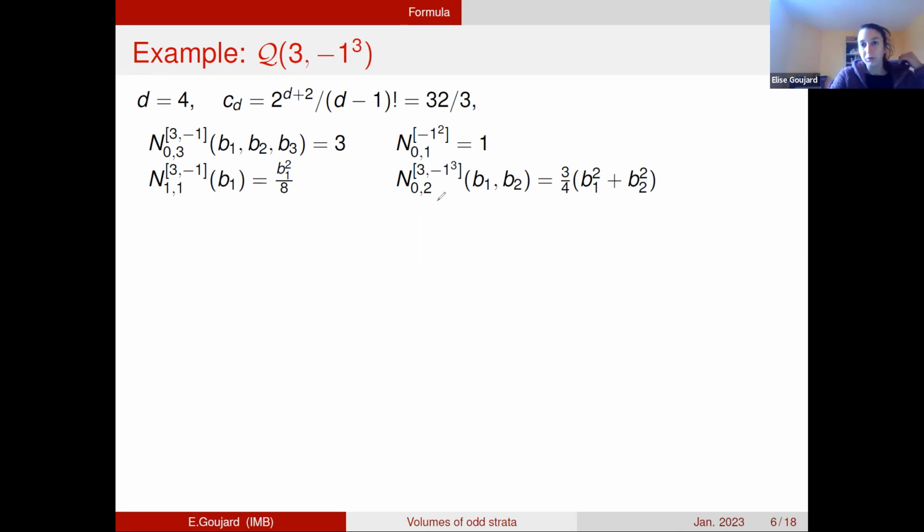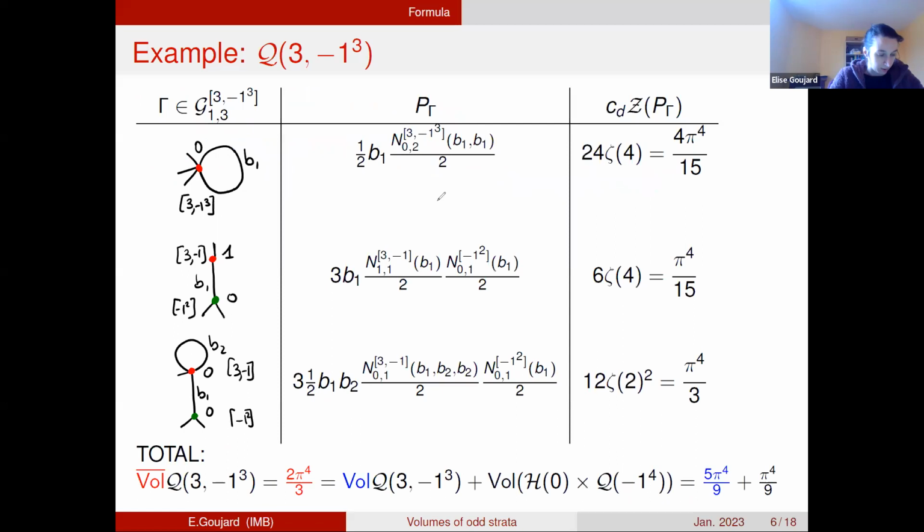What we have to do is make the list of all stable graphs corresponding to this stratum. This is done on the left. Here I claim that I have all stable graphs that correspond to this stratum. You see that this stratum corresponds to surfaces of genus 1.